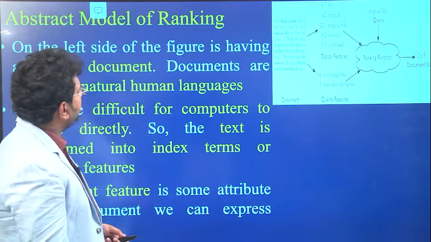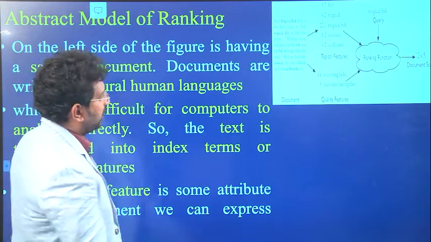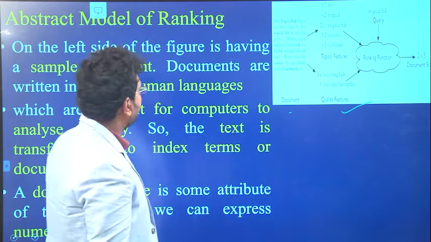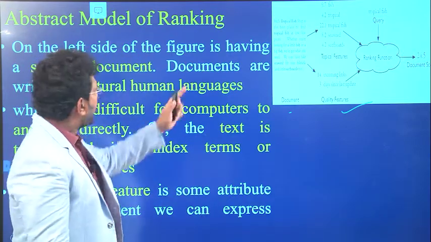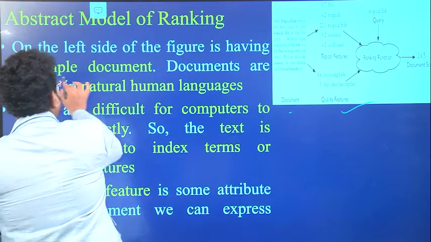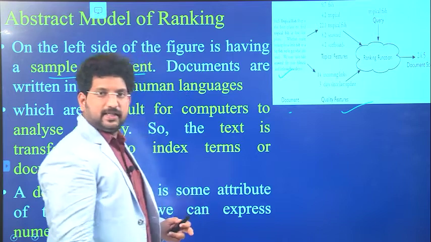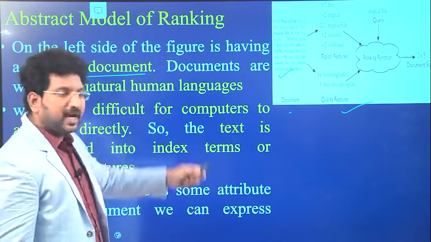Now if you see the abstract model of ranking, in this diagram, as I already told you, on the left side of the figure is a sample document. Documents are written in natural languages.